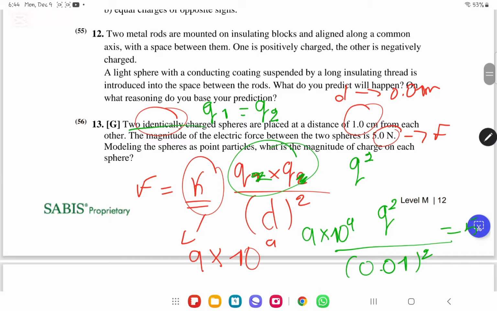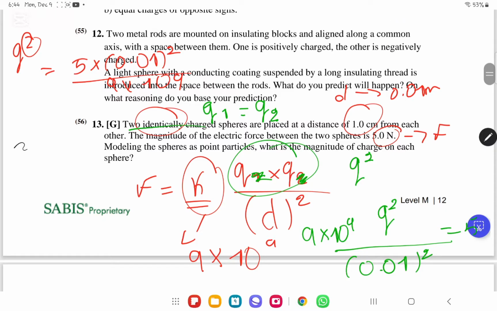Moving it to the other side, you are going to get q squared is equal to 5 multiplied by 0.01 to the power of 2 divided by 9 times 10 to the power of 9. Now, of course, to get rid of the square, it's going to become a radical.